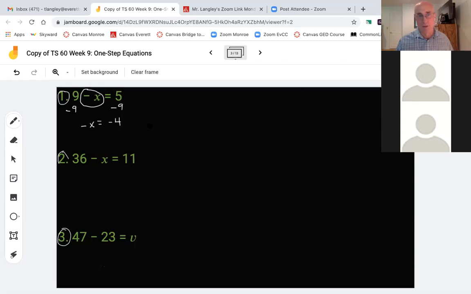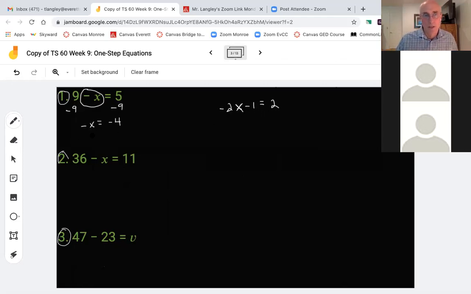If I have a negative number and I multiply it by another negative number, it becomes a positive number. So if I had negative 2 times negative 1, what does that equal? That's a negative times a negative. Negative 2 times negative 1 gives me just a positive 2, okay? Because the two negatives make it a positive, all right?